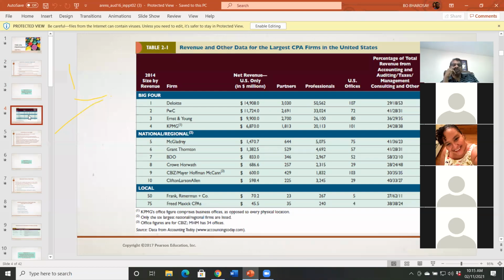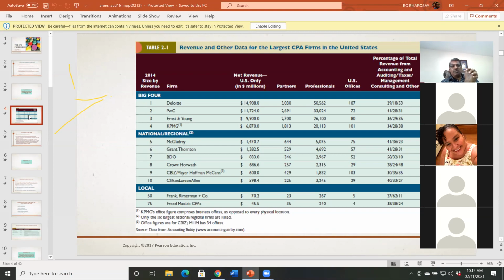Sitting at number two is PricewaterhouseCoopers. PricewaterhouseCoopers used to be two accounting firms in my days. There used to be Price Waterhouse and there used to be Coopers and Lybrand. The two of them merged to form PricewaterhouseCoopers. And they sit at number two with revenues of, I think this is it, 11,724,000,000.